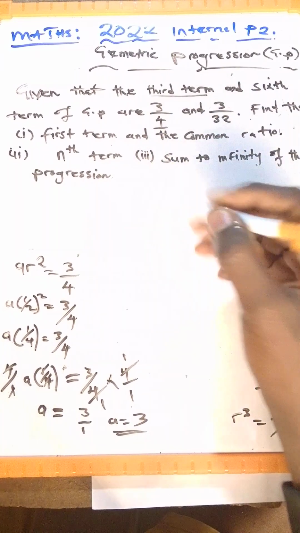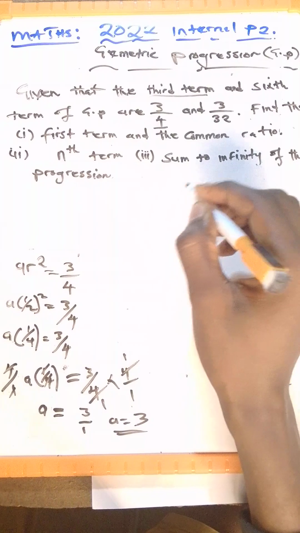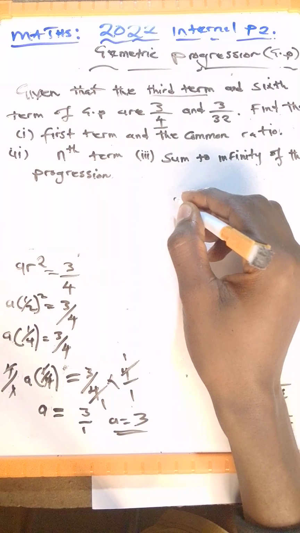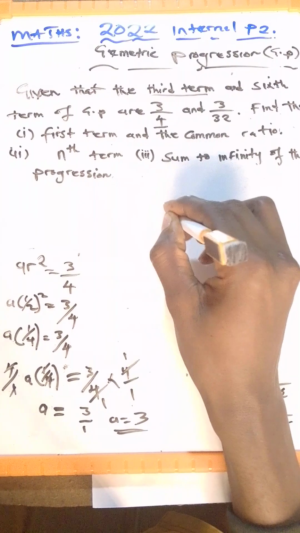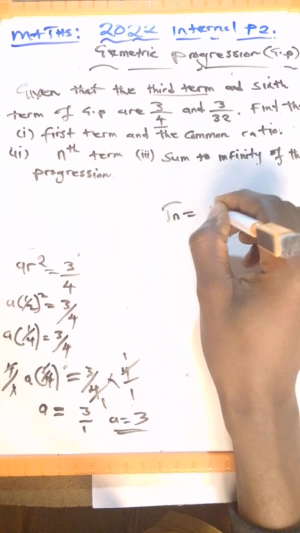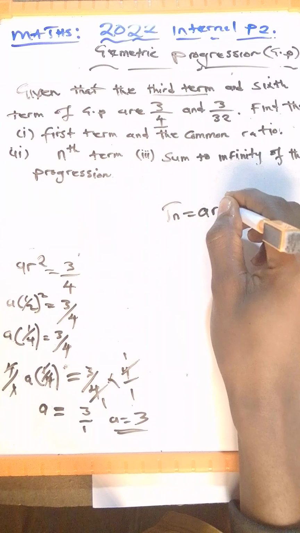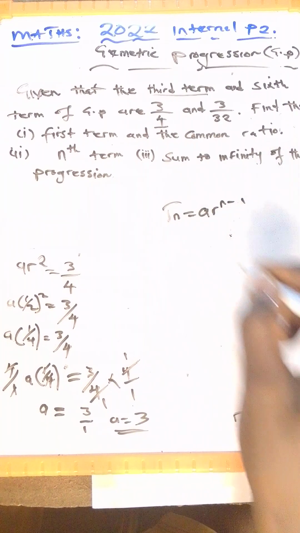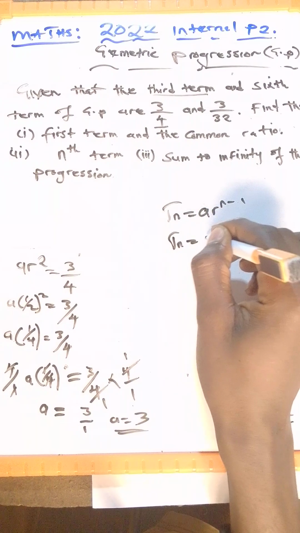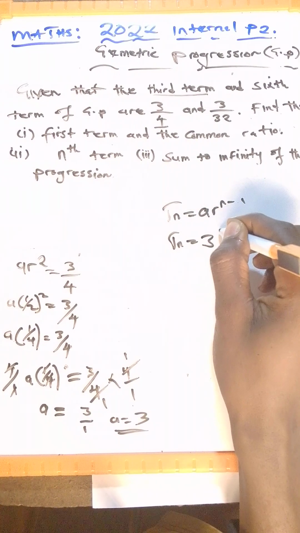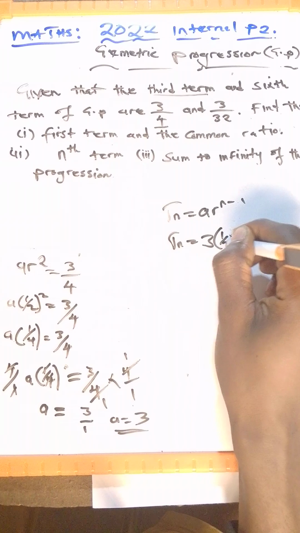So for the nth term, we're going to bring the same concept to say Tn is equal to a r to the power n minus 1. So nth term, we'll say Tn is equal to, while this a, we'll put 3, which we calculated. Then while this r, we'll put 1 over 2.